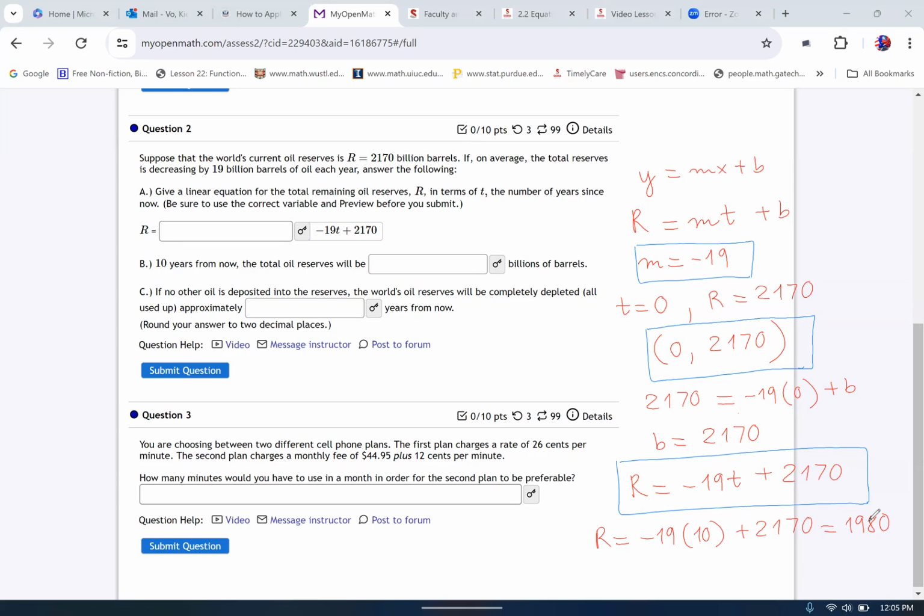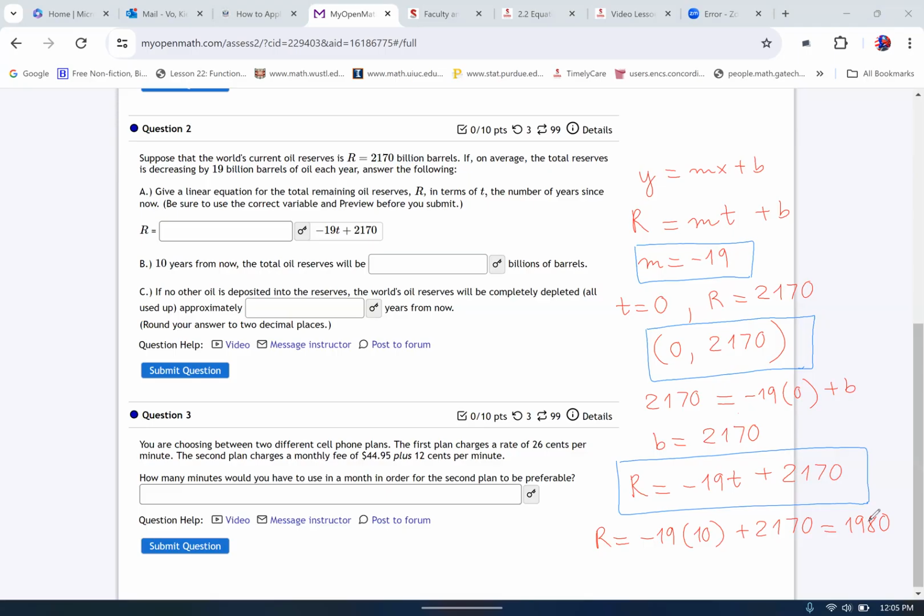So what I would have to do is substitute R equal to 0 into my linear model that I got from part A, and then figure out the T, because the T would give me how many years from now the world's oil reserve will be completely used up.